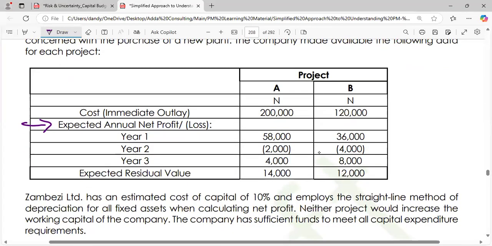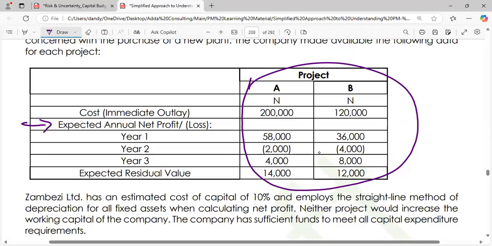So all the figures in this table represent profit or loss, and you don't use profit or loss to calculate NPV, IRR, or payback period. You need cash flow. So you need to convert it to cash flow first before you calculate your NPV, IRR, and payback period. The only technique that you can use these figures for directly is the accounting rate of return.